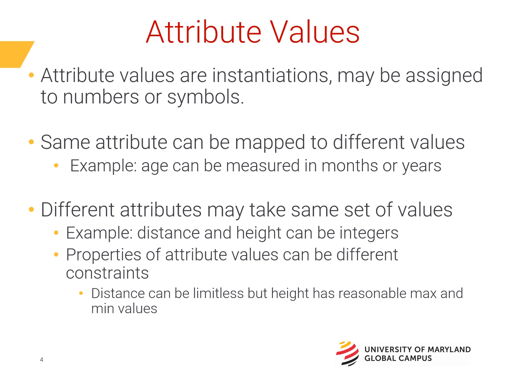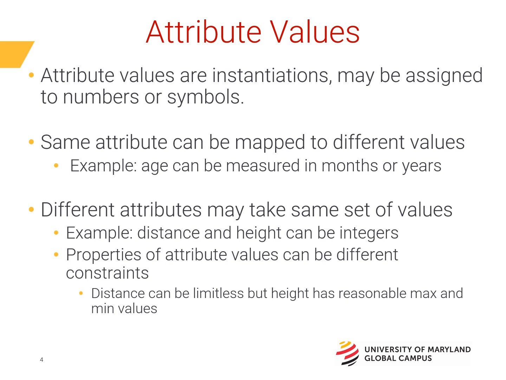An attribute can be mapped to different values or units. So age can be measured in months or years. So there's a different way of measuring the same thing using different units. And different attributes might also take the same set of values, right? For example, distance and height can be integers, right?